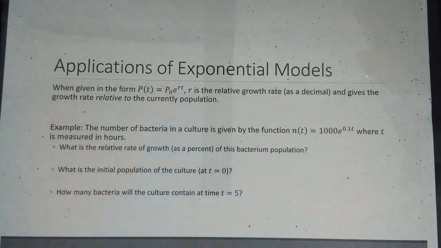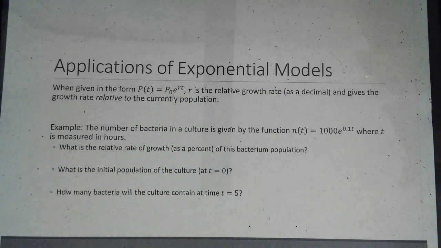We're going to use e as our base. r is going to be our relative growth, written as a decimal. And then it's going to give us the growth rate relative to the current population. So it's not the same growth rate as we saw before.